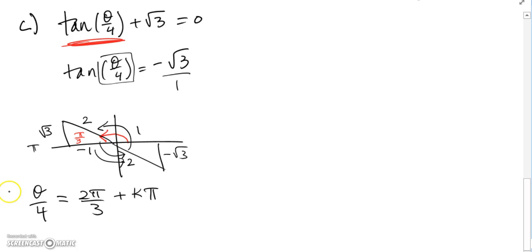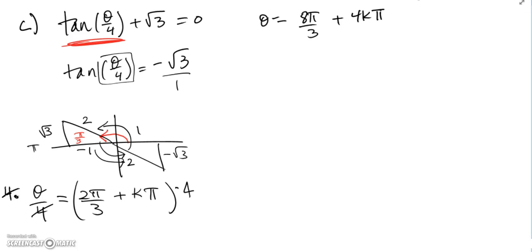To isolate theta, this time I'm going to multiply everybody by 4. So we get theta equals 8 pi over 3 plus, distributing the 4, 4k pi. And we're supposed to find angles between 0 and 2 pi.